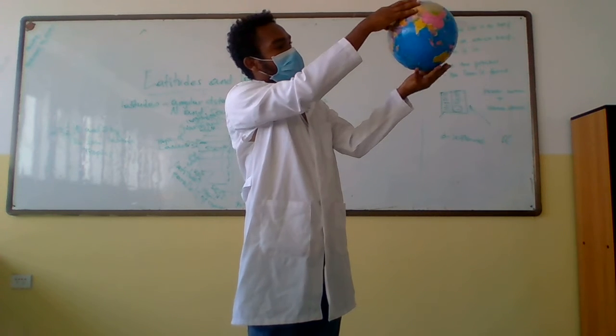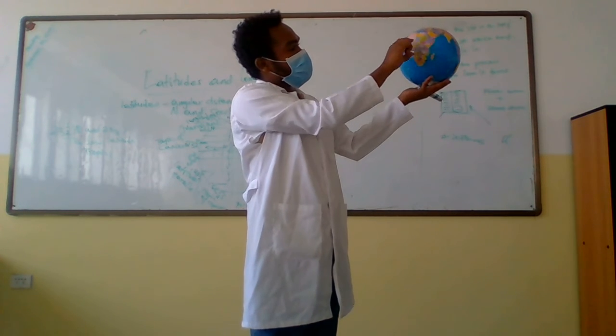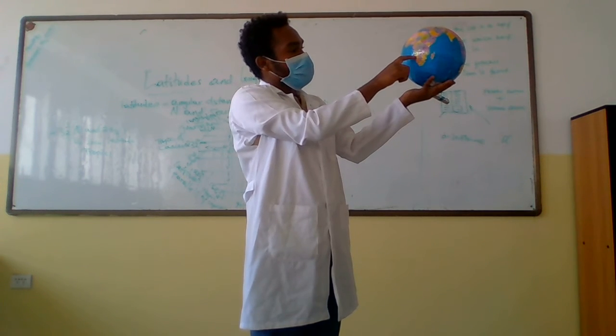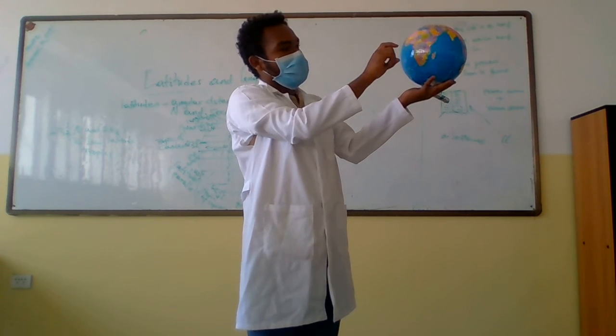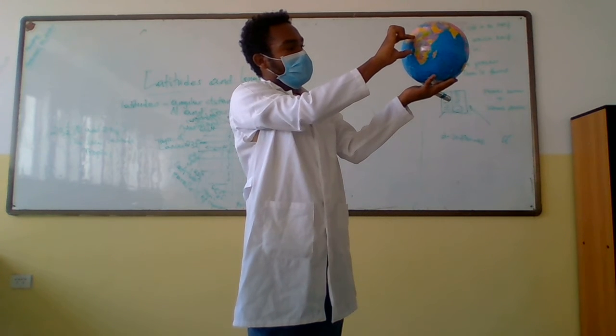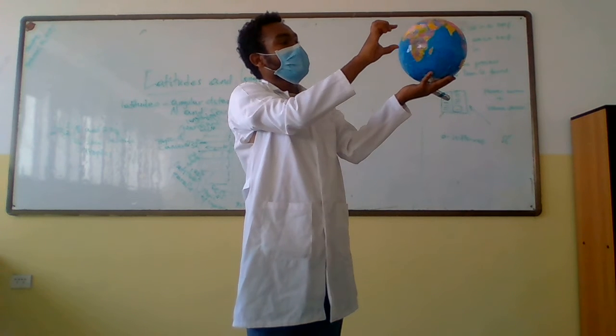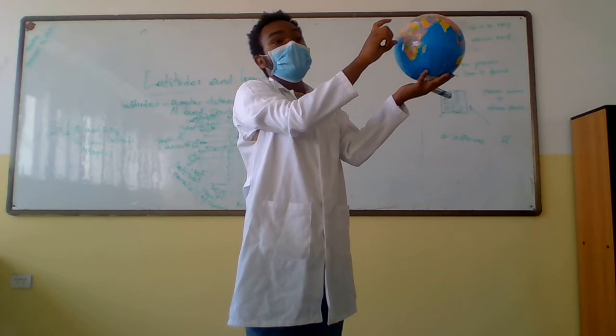The area between these two lines, the Tropic of Capricorn and the Tropic of Cancer, at 23 and a half south and north, we call the tropics or the low latitude area.